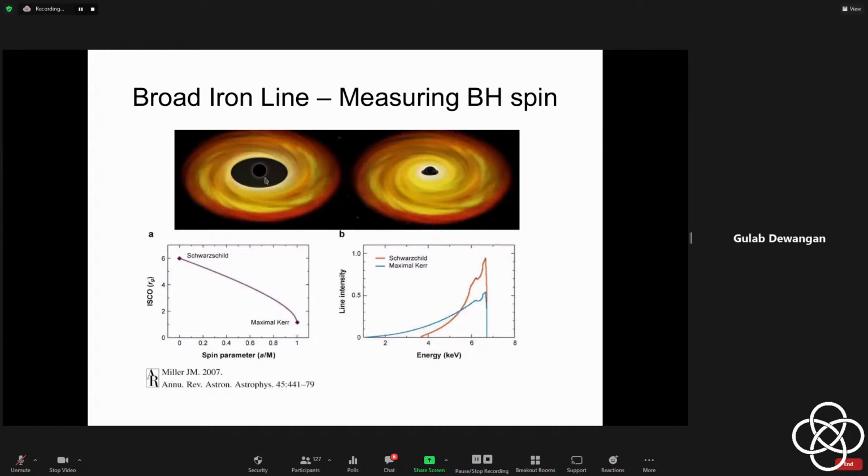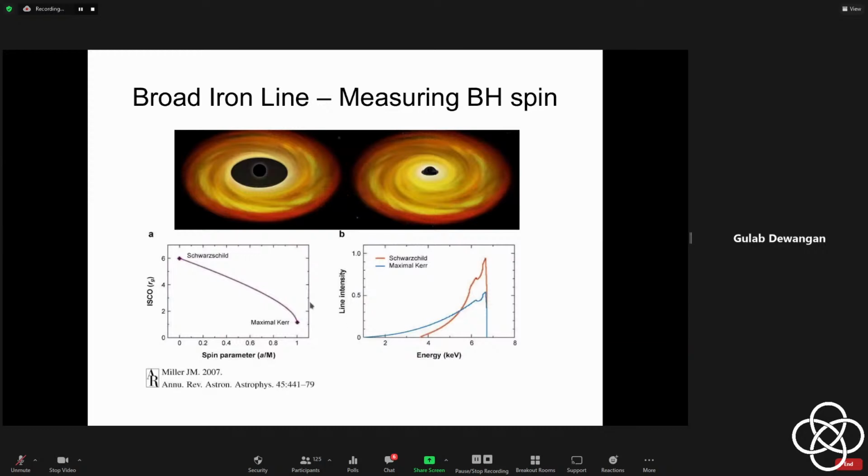For example, if the black hole is not spinning, if it is a Schwarzschild black hole, the inner radius is at 6 Rg, where Rg is the gravitational radius, GM divided by c squared. While if the black hole is spinning fast, if it is a maximal Kerr black hole, then the disk can extend almost close to 1 Rg, to be specific 1.235 Rg.